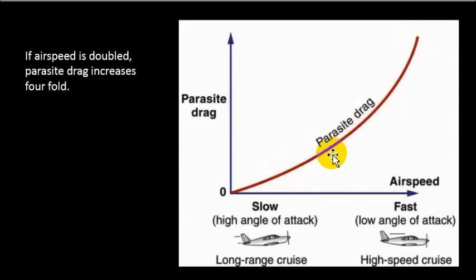So it's kind of like that ton of bricks on our tail going, no, hold up, wait for me. Like, you're a drag, parasite drag, because you're trying to slow us down. Or not so much when we're slow, but when we speed up, you really get antsy and you really want to slow our plane down.